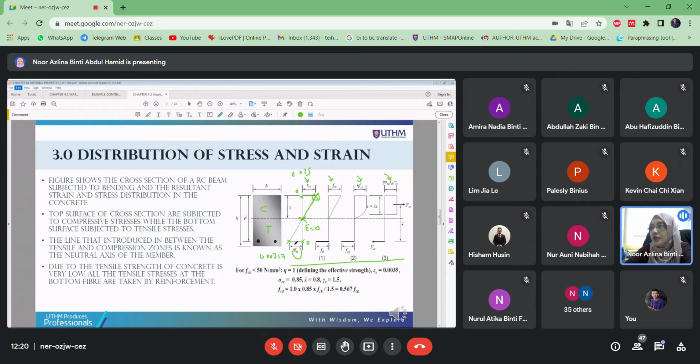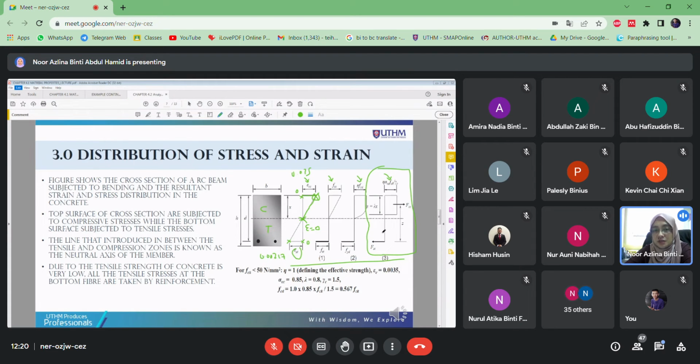Okay, then once we make it as a stress here, this is the curve for the design, and this becomes the simplified one for the cross sections, which you need to understand.